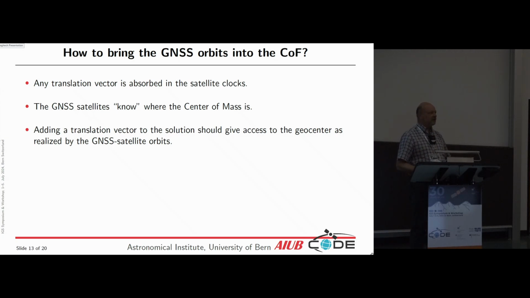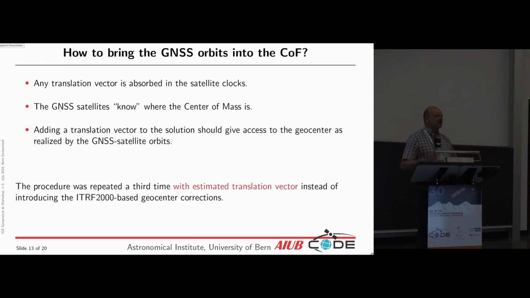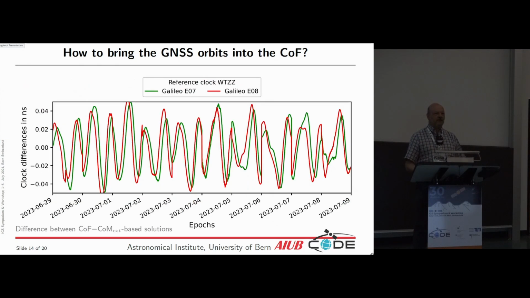So what we can do in that case, we should know where the satellites feel that the geocenter is located. And this we can get very simply by adding the translation vector in the solution.